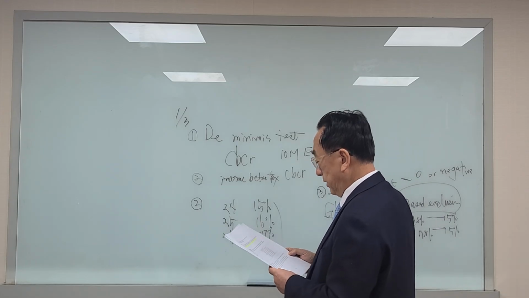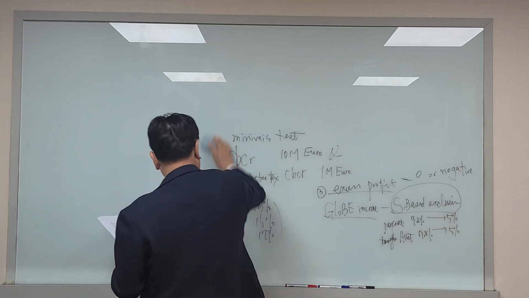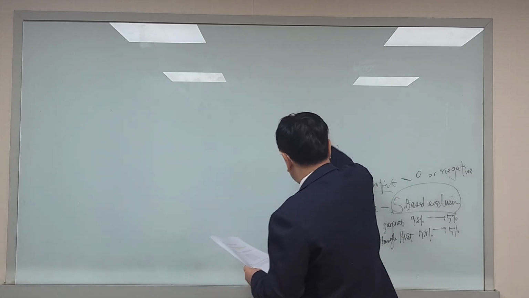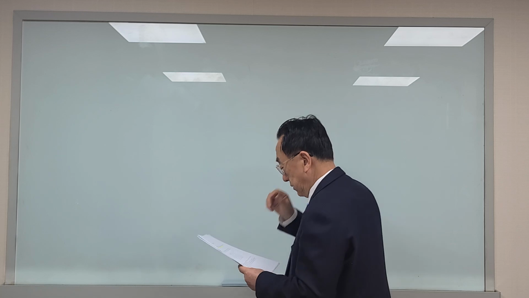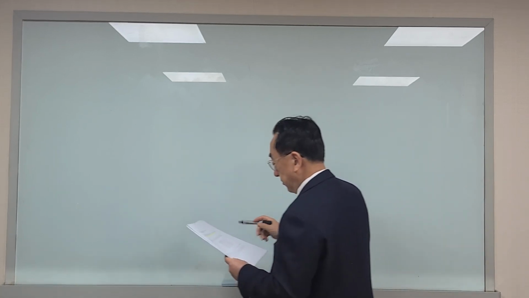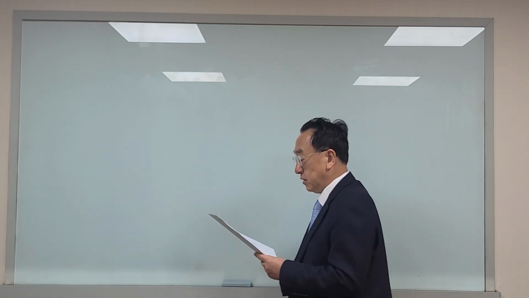And then applicable period. The transitional relief applies to each fiscal year that begins on or before December 31, 2026 and ends on or before June 30, 2028, the transitional fiscal years.